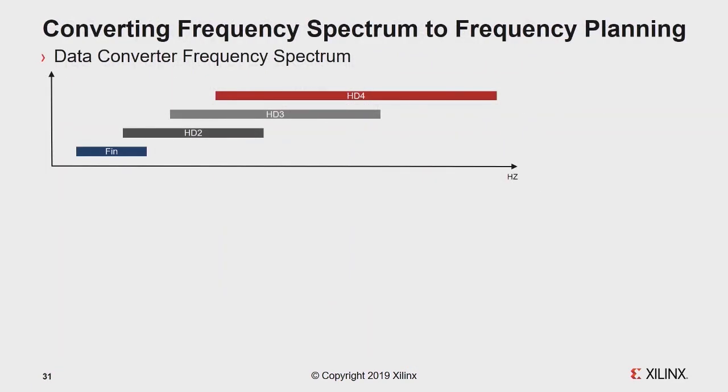And then how to convert the frequency spectrum to the frequency planning. As I said, the F-in is 1x bandwidth, HD2 is 2 times the bandwidth of the F-in, HD3 is 3 times, and HD4 is 4 times.